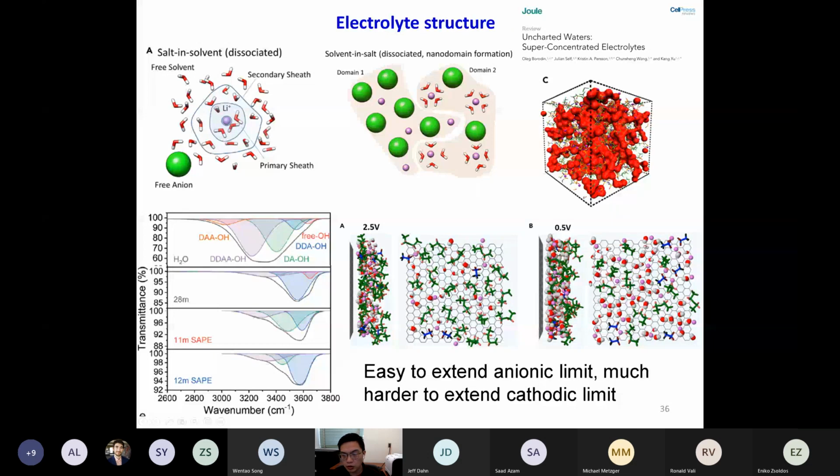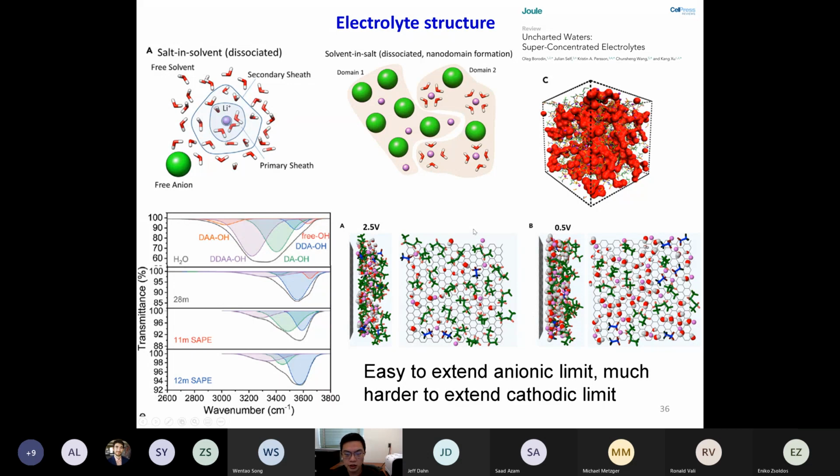Only because on the anode side, with the relatively negative charge, it will attract more lithium ions with solvated water to the surface, which will elevate the water concentration on the anode surface. So that makes sense, that we need some other phenomena to try to extend the anode side.